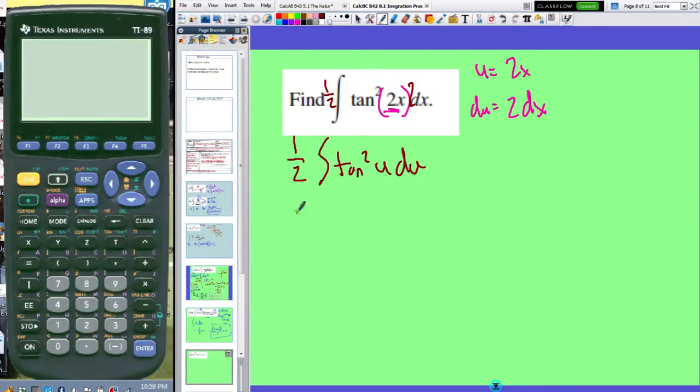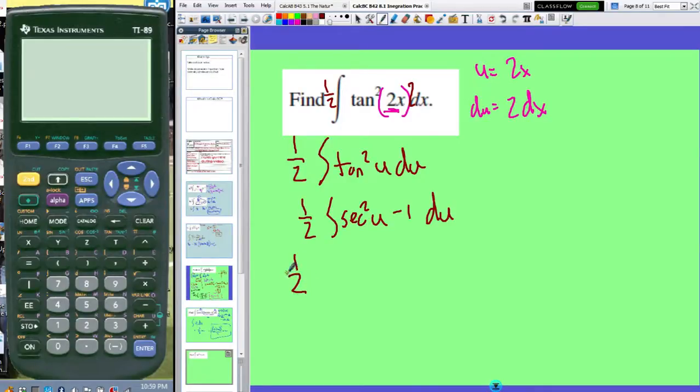Well, we can rewrite this as 1/2 times the integral of secant squared of u minus 1, because remember, tangent squared is secant squared minus 1. You can't integrate tangent squared, but you can integrate secant squared. The integral of secant squared is just tangent.